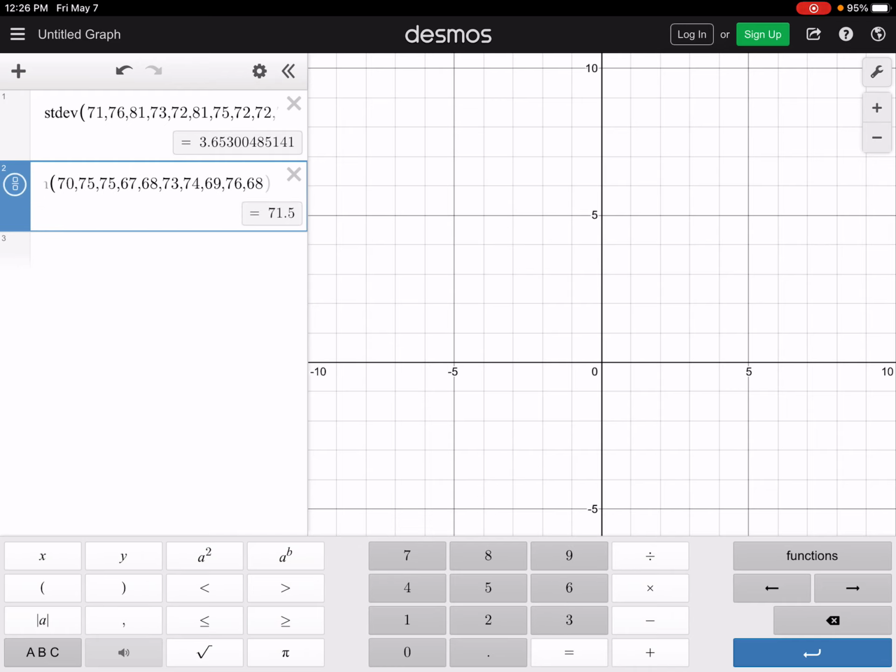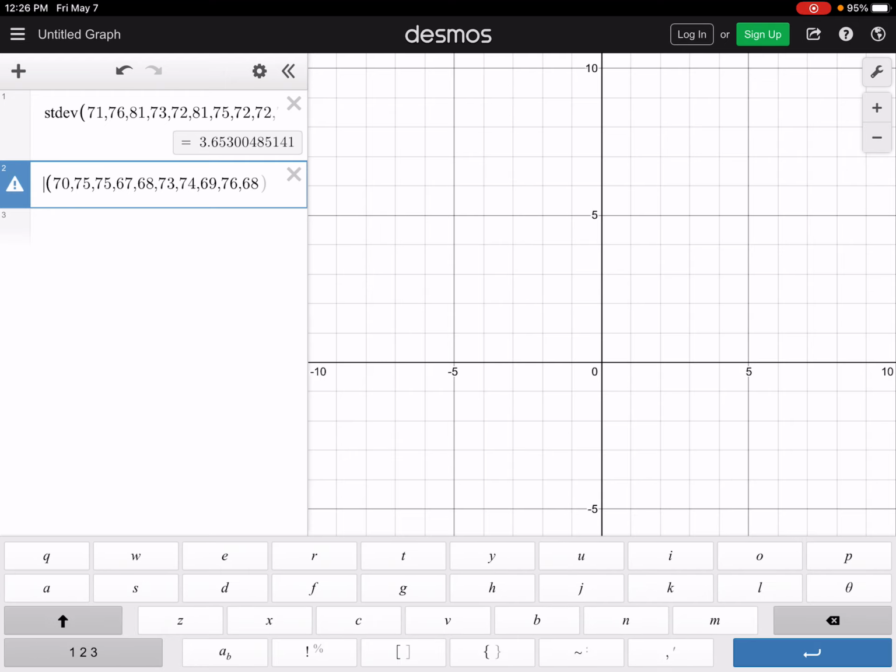So my mean this time was 71.5. Then I'm going to get my standard deviation. This time it is 3.439, so 3.44.